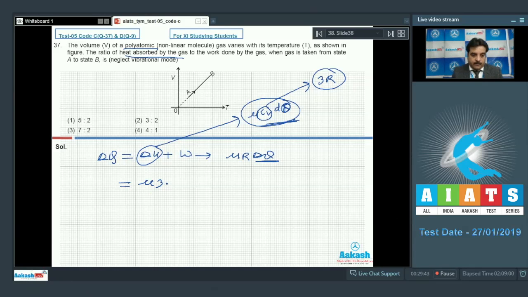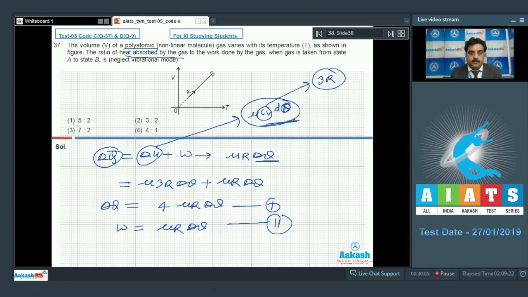So I will write mu into 3R into d theta plus mu R d theta. So the total amount of heat will be 4 times mu R d theta. This is Q. And another thing is work. You know work is mu R d theta. This is equation 1 and this is equation 2.